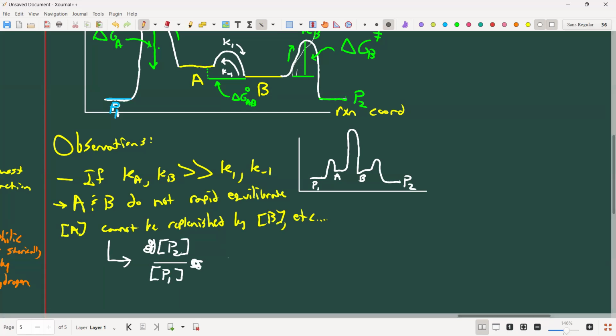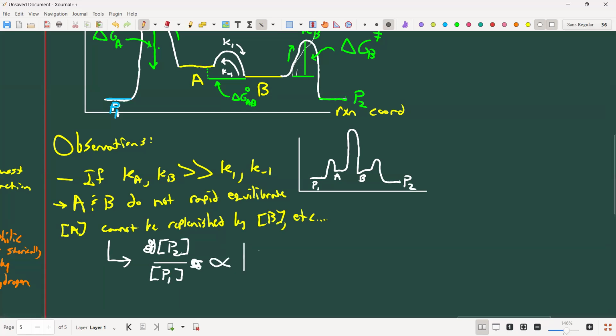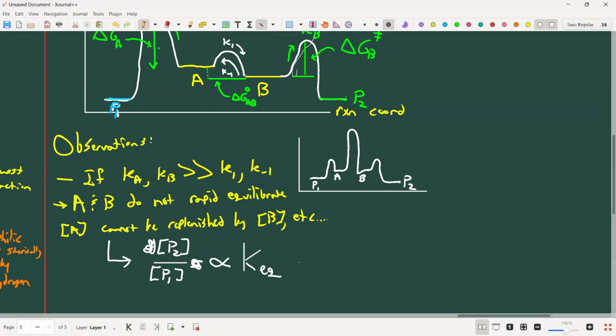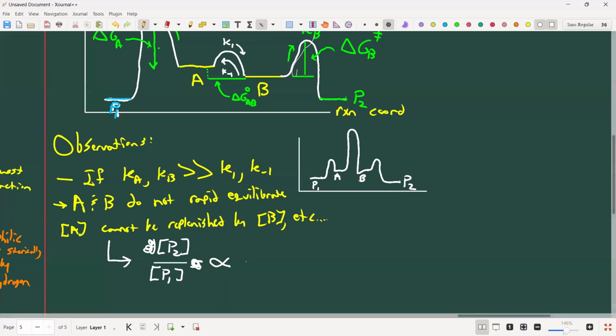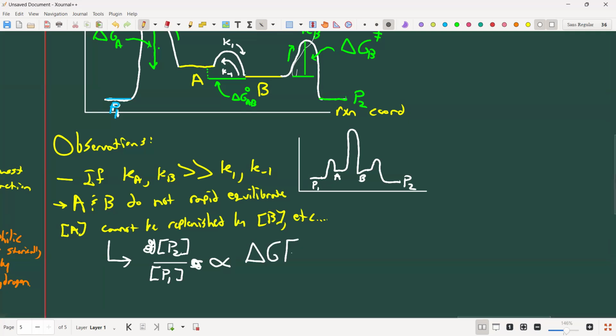And so it's actually going to be proportional to the equilibrium between A and B. So the relative energy of A and B. Sorry, no, that's not true. Sorry, it's only proportional rather to the delta G of the products. Sorry, that's the right one.